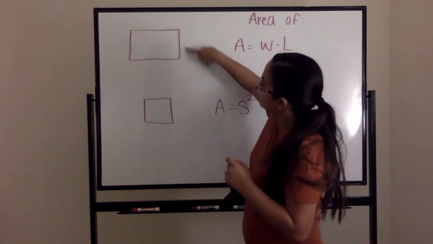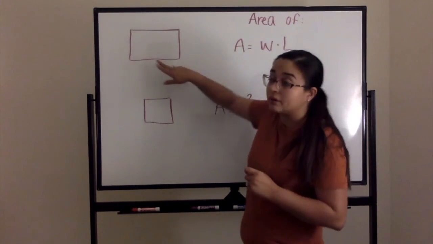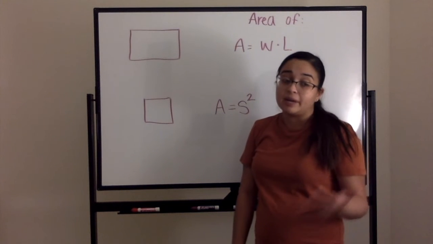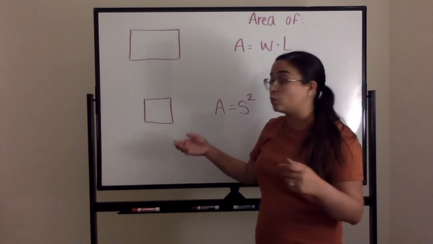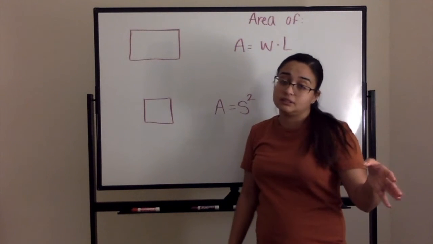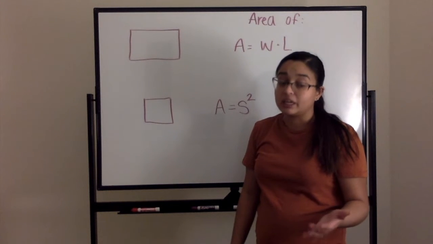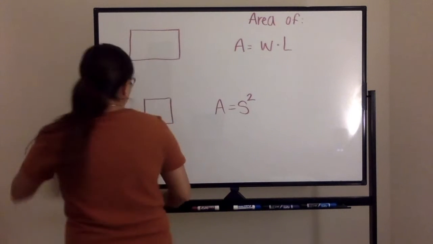So this part right here, how wide it is. Because it could be a narrow rectangle, not all rectangles are the same. My whiteboard is wider than my door is. So I know that for a fact. So they take up a different amount of space. So, how wide it is.